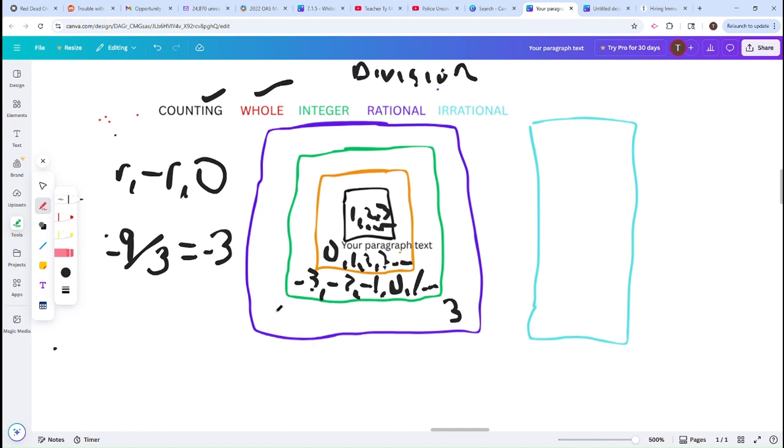So a number like 4.5, that's a rational number. Well, is 4.5 the answer to a division problem? I'll say it is. What is 9 divided by 2? It's 4.5. Now, things like that are in the blue box.